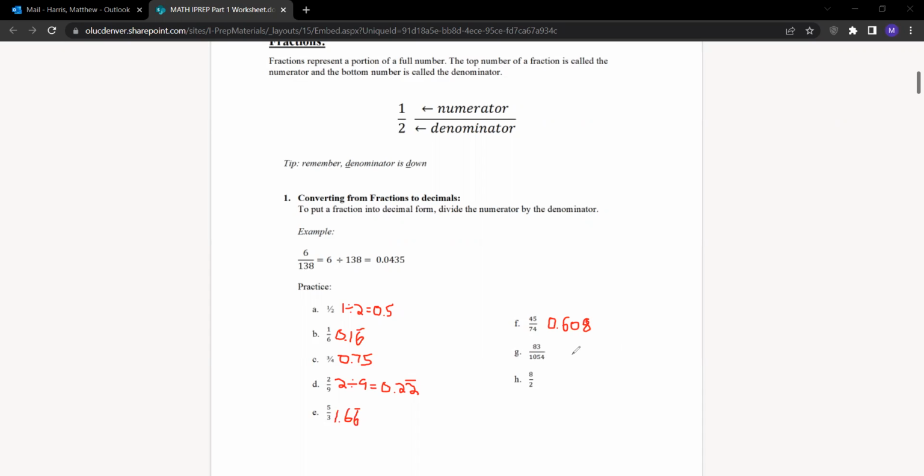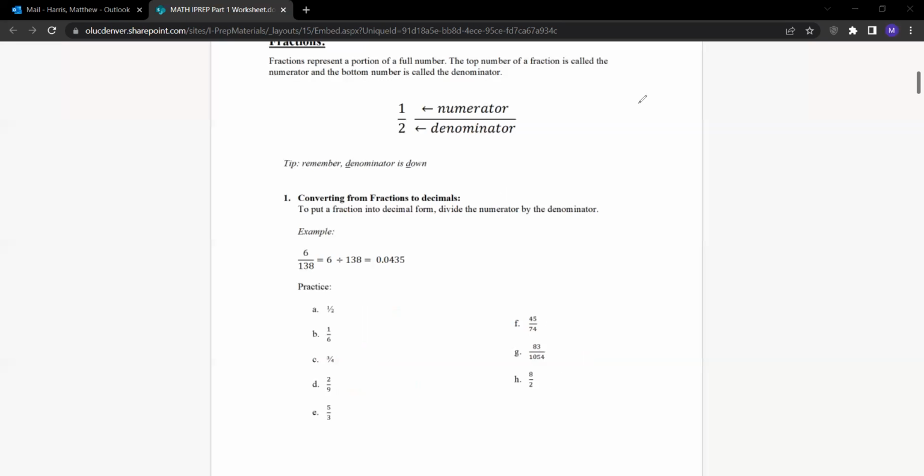Next one, we can see it's 83 divided by 1054. Again, all you have to do here is plug these into your calculator, and you'll get these answers. So 0.0787. And finally, we have 8/2, which is just equal to 4. So that is part 1.